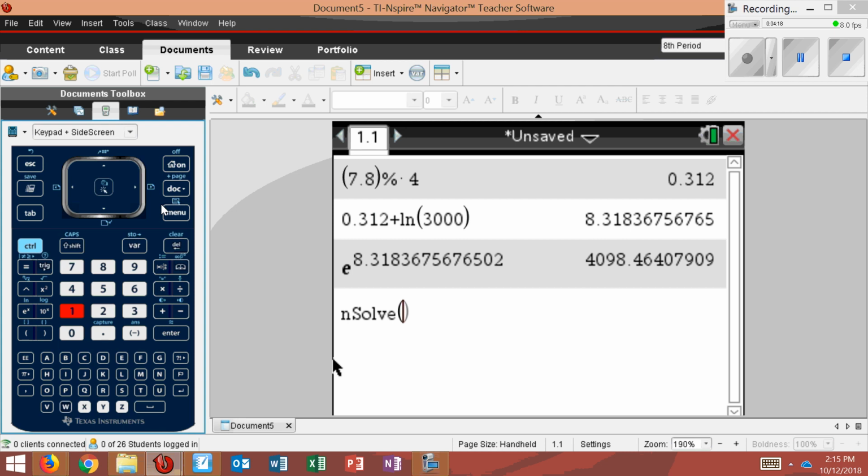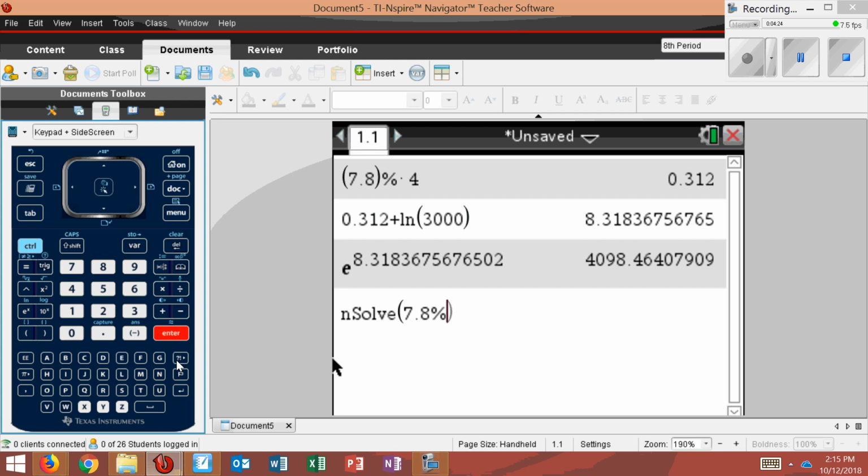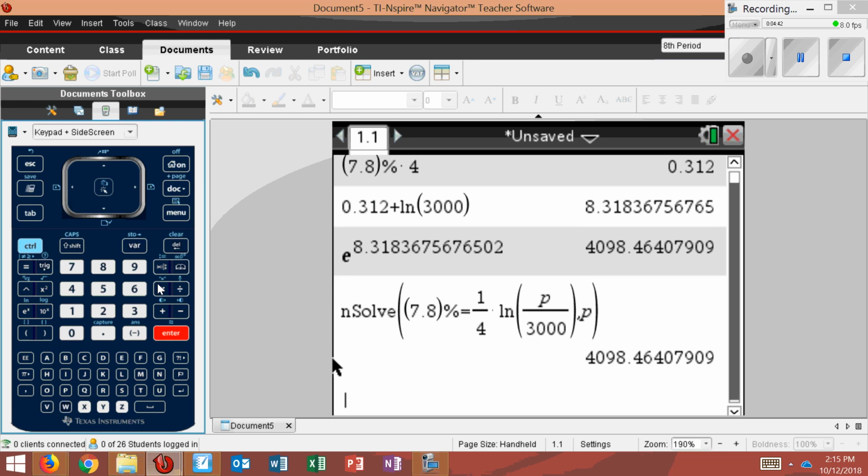We started off with 7.8% is going to equal 1/4 times natural log of P divided by 3,000, and we're looking for P, so we'll do comma P like that, and notice that is the exact same answer. So nSolve would have done it the whole way.